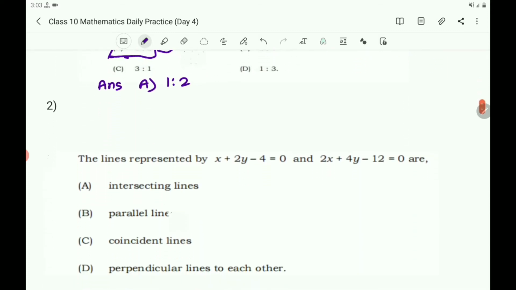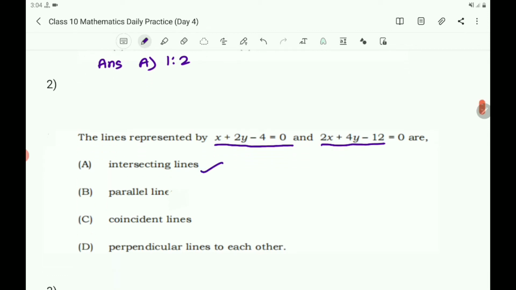Then you take the second question. The lines represented by x plus 2y minus 4 equals 0 and 2x plus 4y minus 12 equals 0 are, here the four options are intersecting lines, parallel lines, coincident lines and perpendicular lines to each other. Here first let us find the ratio.